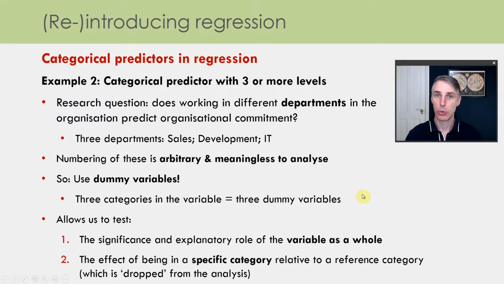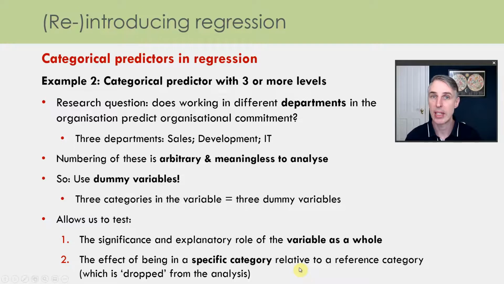Using those dummy variables, or being able to enter those as a test of the effect of a categorical variable, allows us to assess the significance and the explanatory role in terms of R squared of that variable as a whole, of team or department as a whole, while also being able to assess the effect of being in a specific category within that variable relative to a reference category.